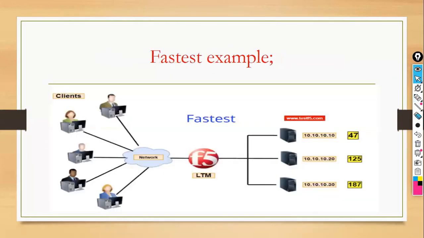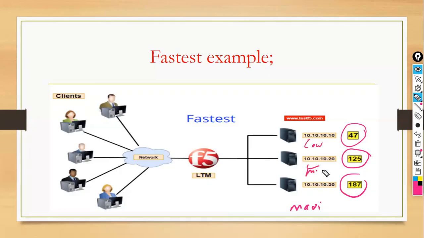This is the example of this. You see, we have 187 requests on this one, 125 on this one, and 47 on this one. So the maximum requests we have on this one, then this one, then this one.